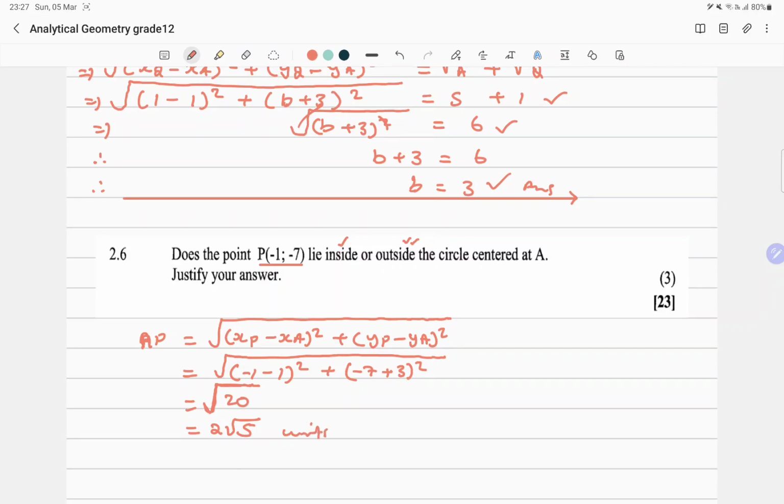Let's just check. The square root of 5 is going to be 2 point some change, about 2.3.